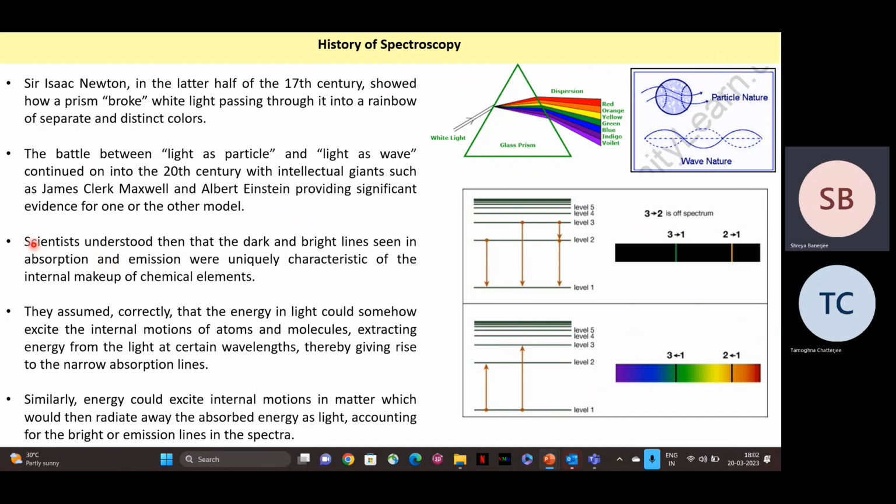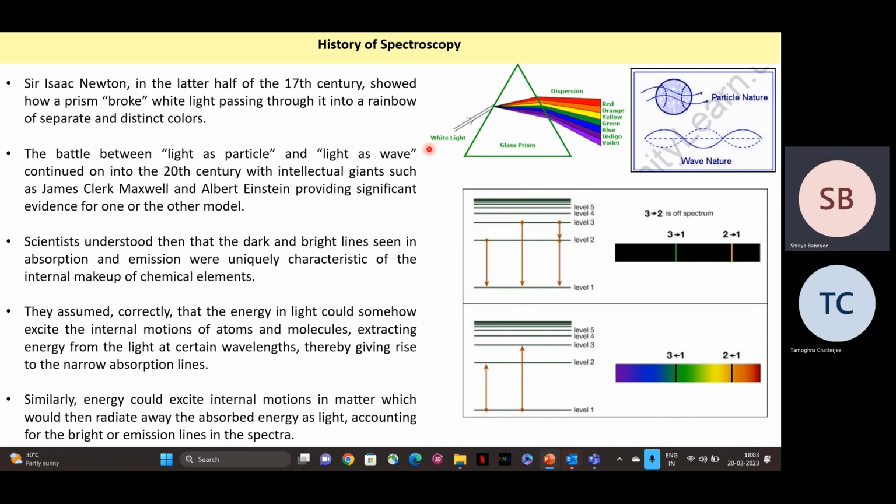After that, scientists had observed dark and bright light lines seen in absorption and emission spectra, and these lines were characteristic of the internal makeup of chemical elements. So they had observed that there can be two kinds of spectra. One in which there are dark lines like this, and that happens in absorption spectra.